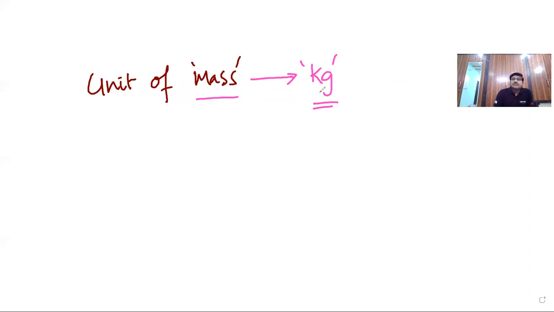And in the CGS system, it is grams. G stands for gram. This is kilogram, so this is in the MKS system, and this is in the CGS system.